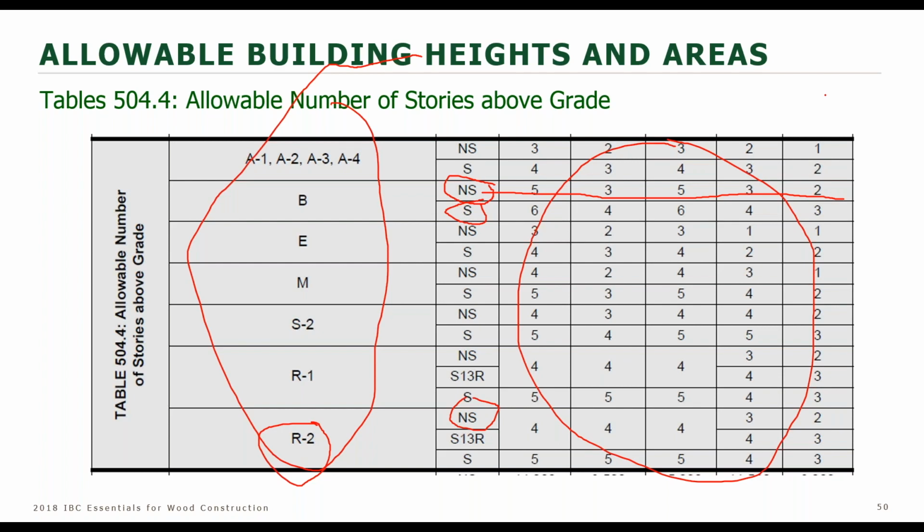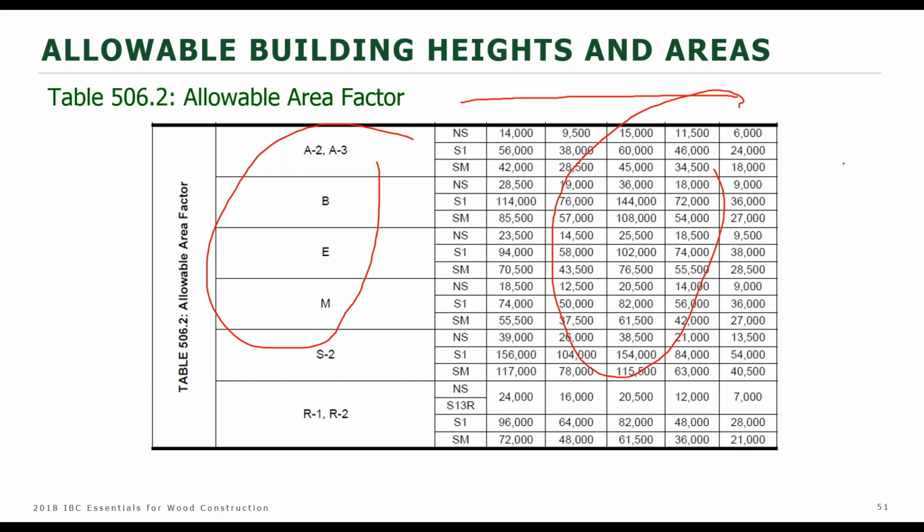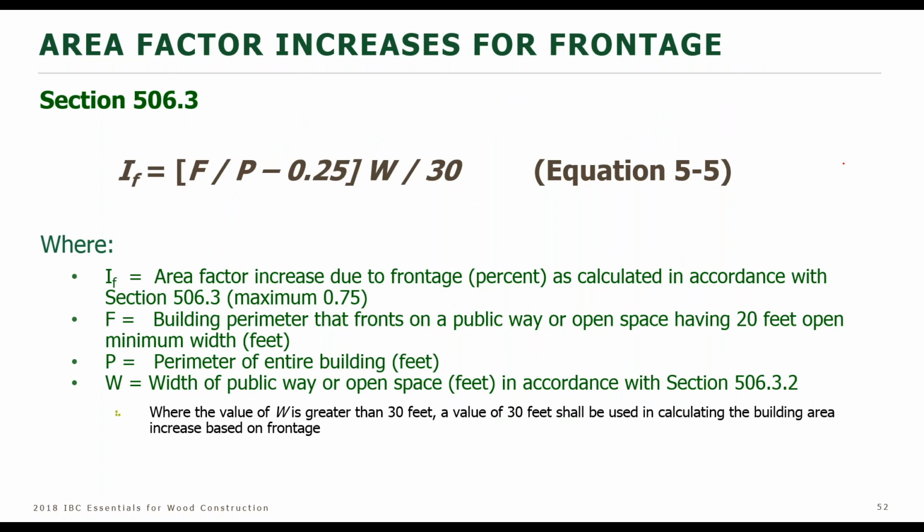Well, we use it in the formulas. And then you have the allowable area, similarly based on the occupancy group and the construction type, which construction types are listed up here. You don't see them in this slide. But, so here's another formula you use to determine an increase you get for open frontage around the building. And you've probably done this.